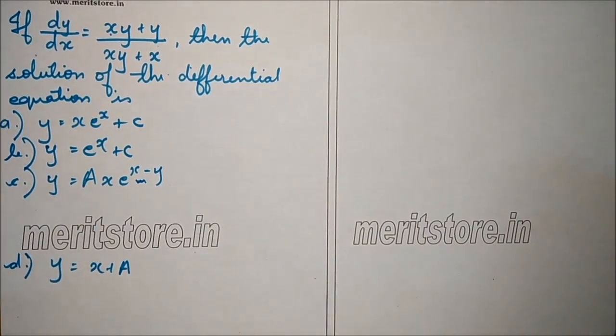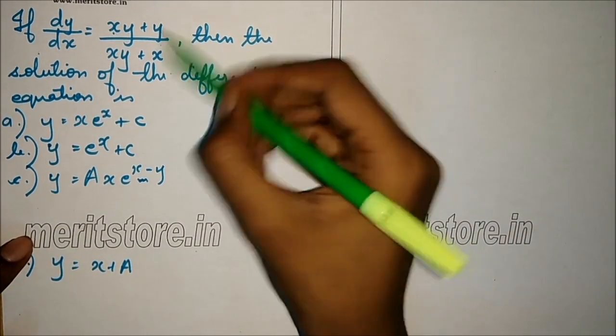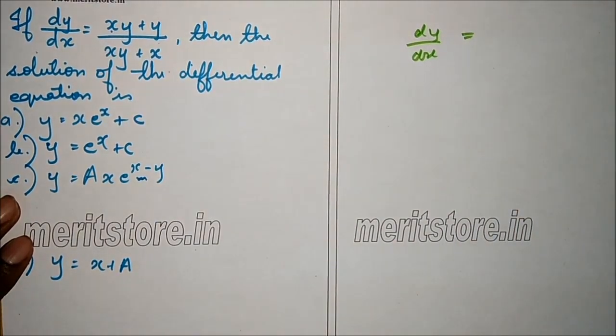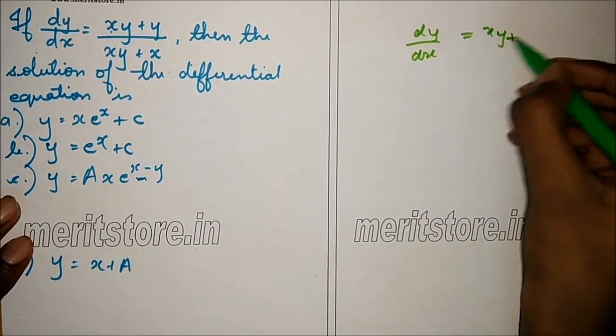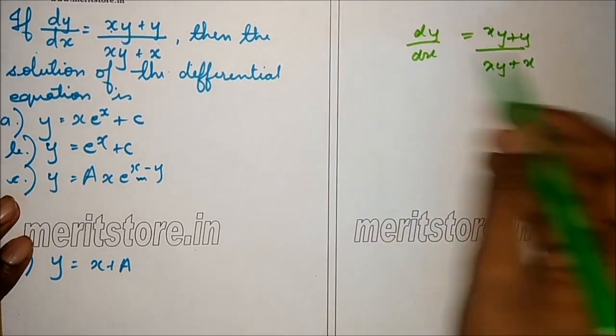Dy by dx is equal to xy plus y upon xy plus x. Then the solution of the differential equation is, so this is the differential equation, dy by dx equals xy plus y by xy plus x. We have to find the solution of this differential equation.